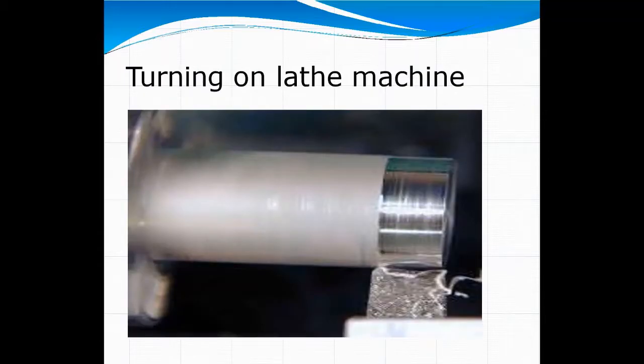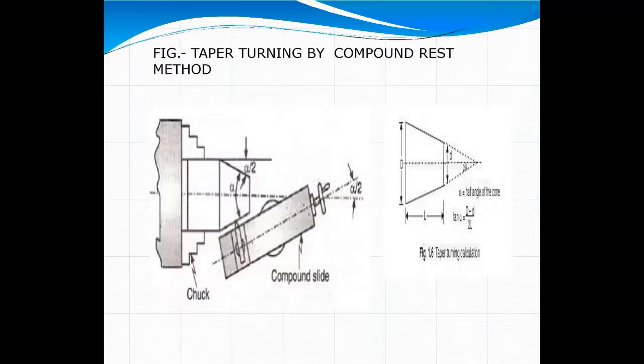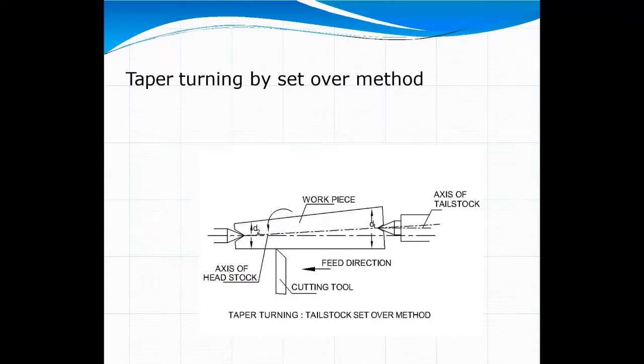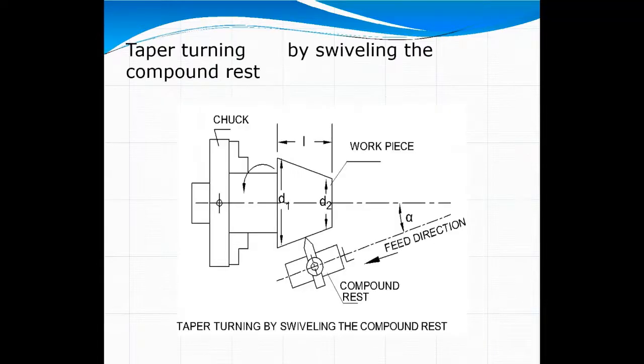Facing is the operation to reduce the dia of the job. So taper turning by compound rest method. Taper turning is in the front piece. We can make use of some angle to give the taper.